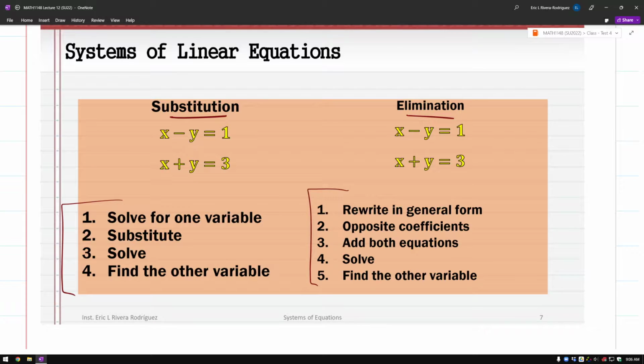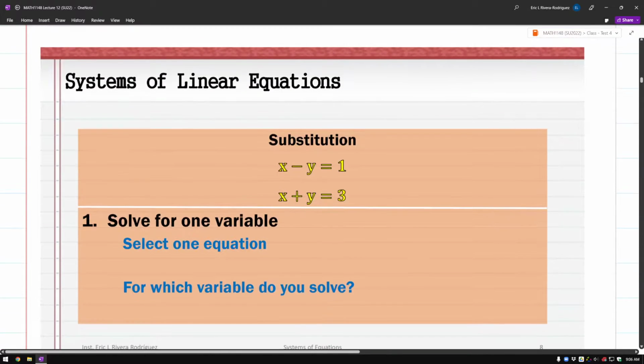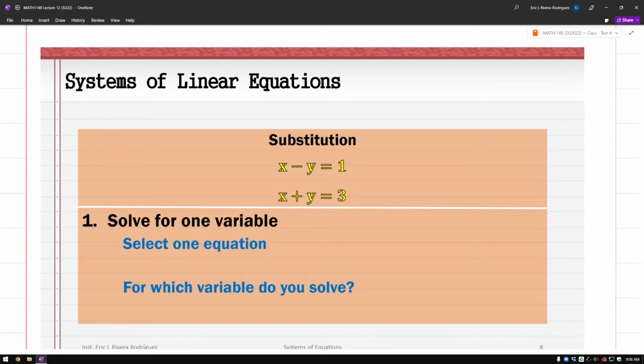Okay, we're going to start with substitution. This is the same system that we just saw previously, but now we're going to solve it using substitution. The first thing that you want to do when working with substitution is to identify the equations.